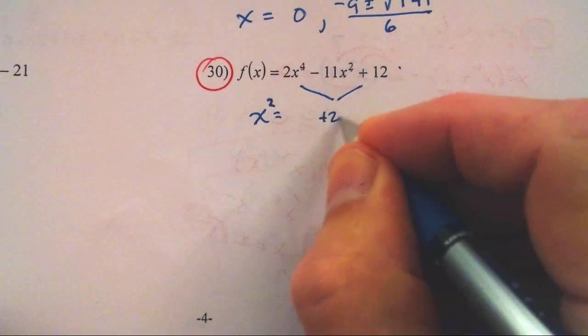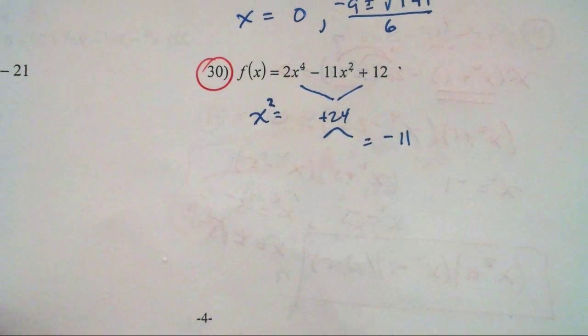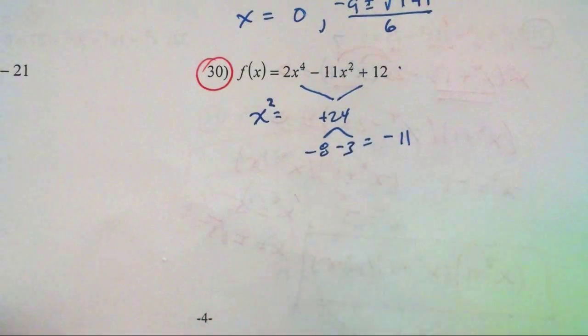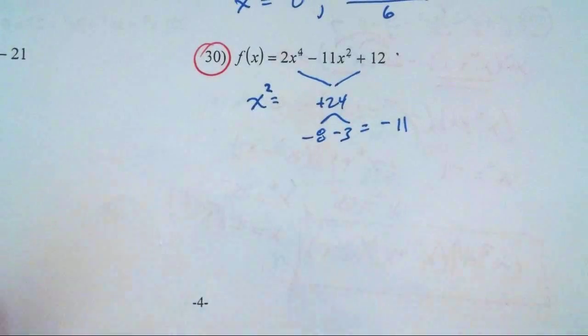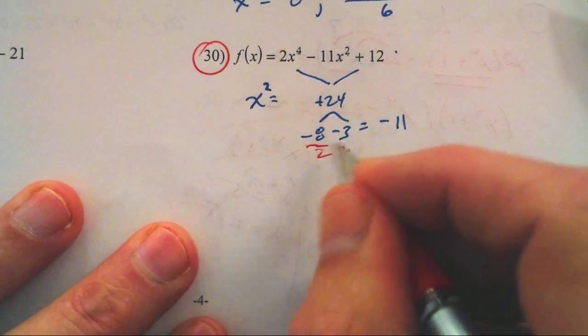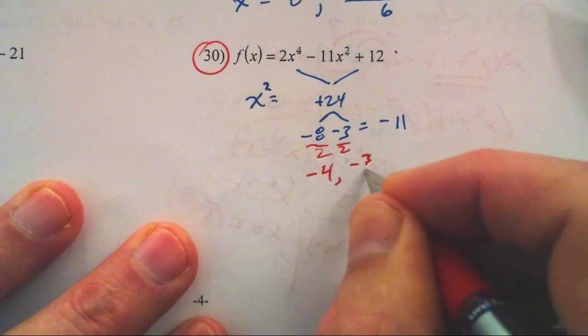Are there factors of positive 24 that add up to be negative 11? Negative 8, negative 3, right? So this thing factors into, let's put those over 2, get our magic numbers, negative 4 and negative 3 halves.